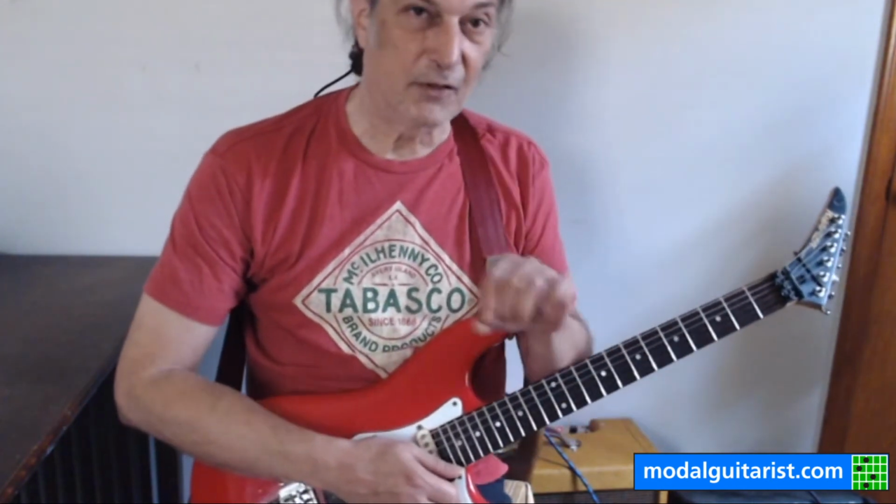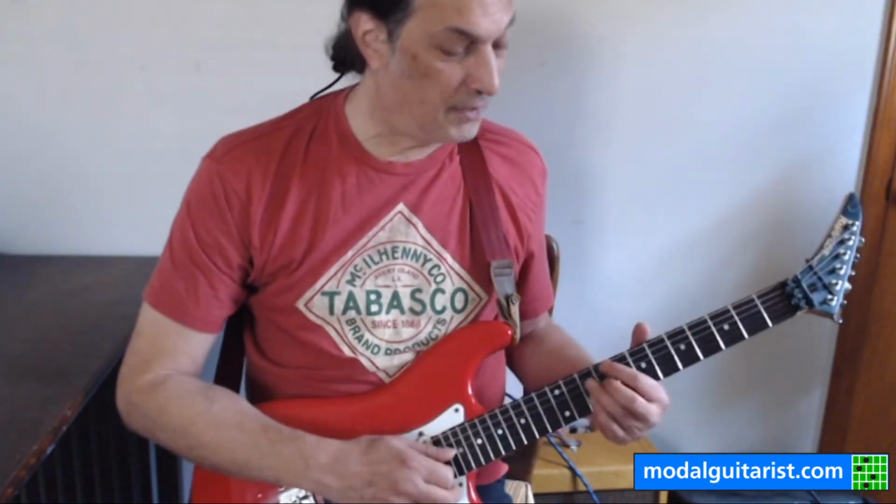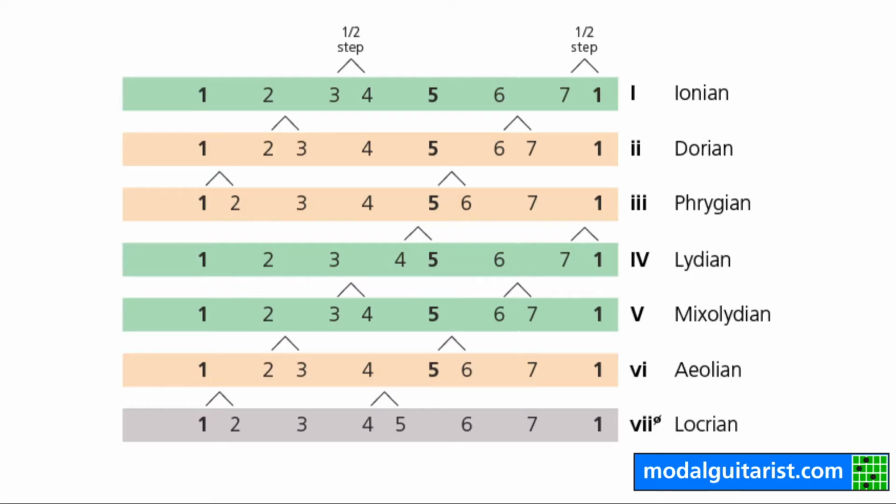That's why I put that little circle with the slash next to the number 7. That's the symbol that's commonly used for half diminished. And that's if we were to take the 1, 3, 5, and 7 out of that mode, they would form a half diminished chord.